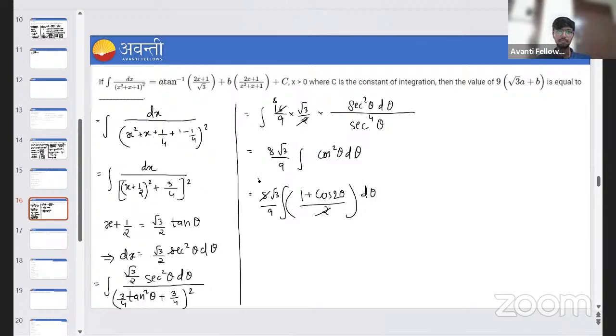Here 2 and 2 will get cancelled. And if I integrate, I'll get 4 root 3 over 9 into theta, cos 2 theta का integration, sin 2 theta by 2 plus c. Now, अभी थीटा को रिसब्स्टिट्यूट करना है, तो 4 root 3 by 9 into what was theta?